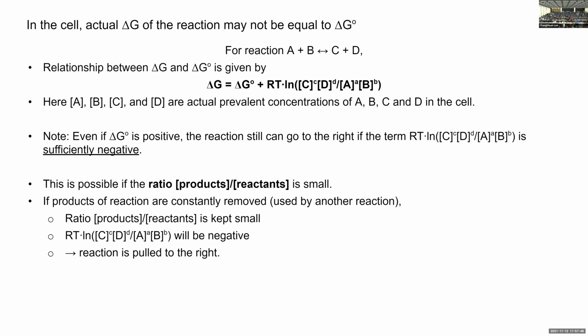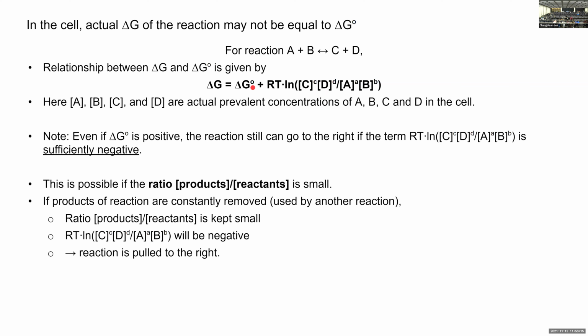I mean, the temperature is different, and the concentrations of the reactants are different. So we can calculate the delta G based on this equation, where delta G equals delta G naught plus RT times Ln of the ratio of the concentration of the products and the concentration of the reactants.